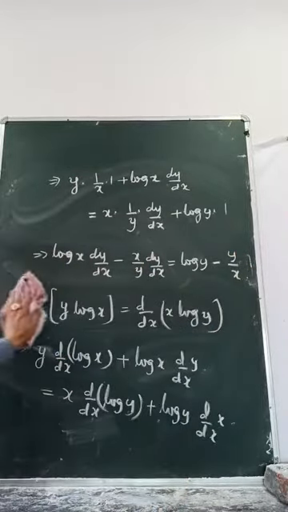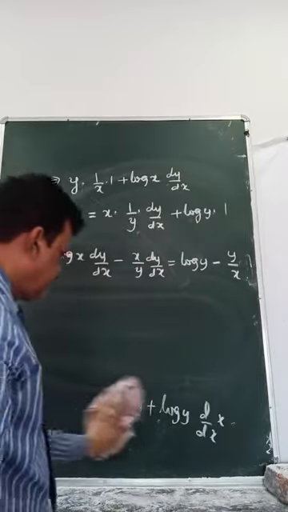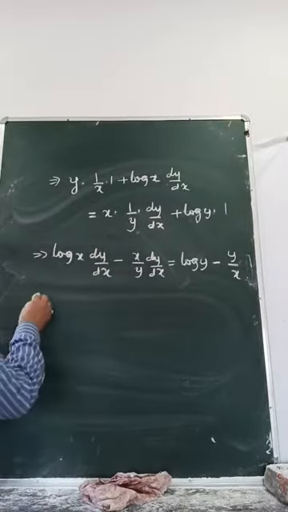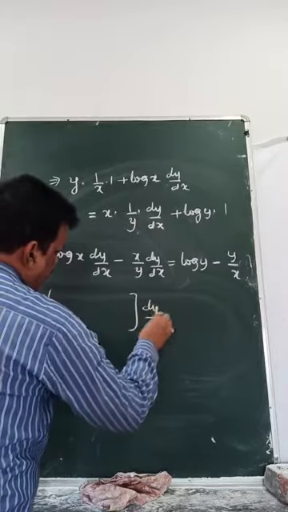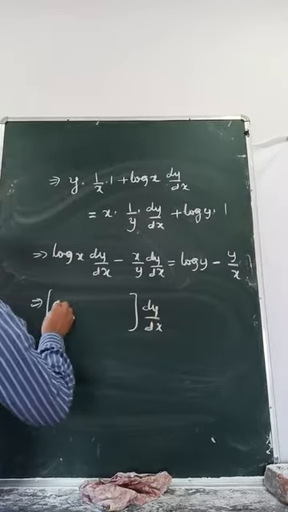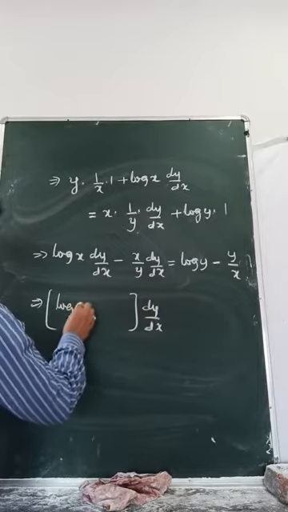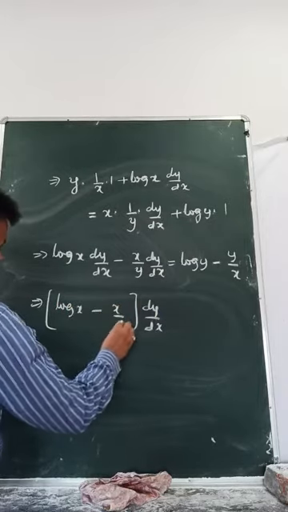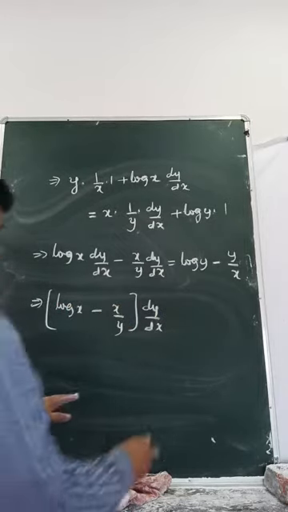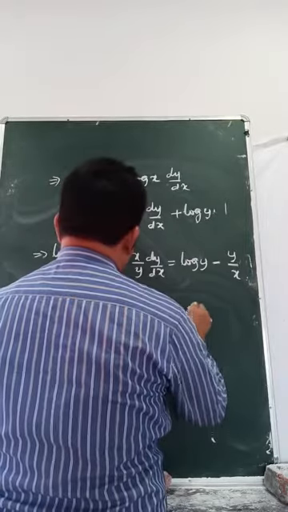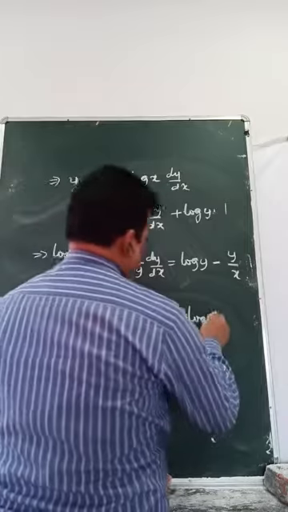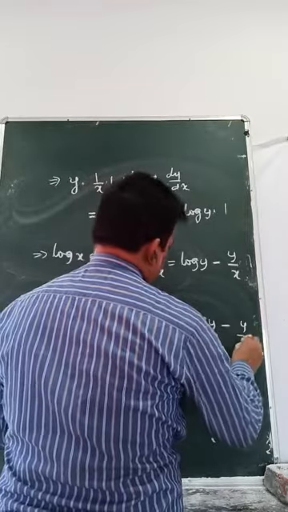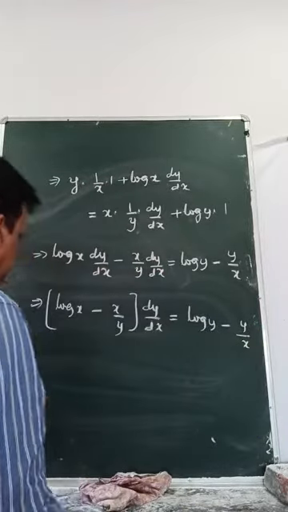So we can simplify. If I take dy by dx common here, I get log x minus x by y equals log y minus y by x.